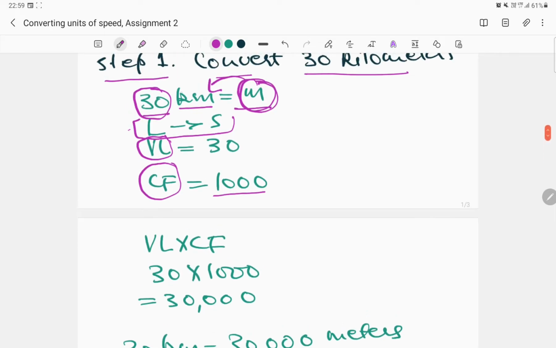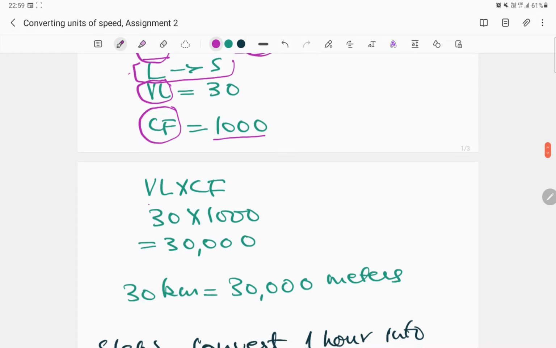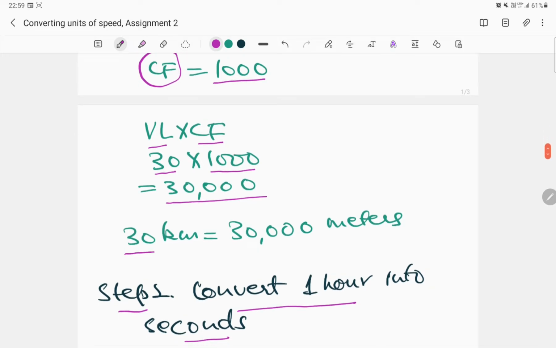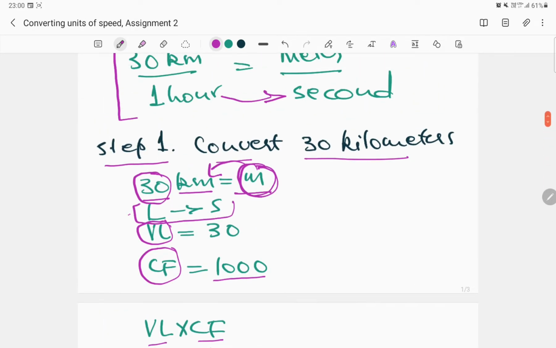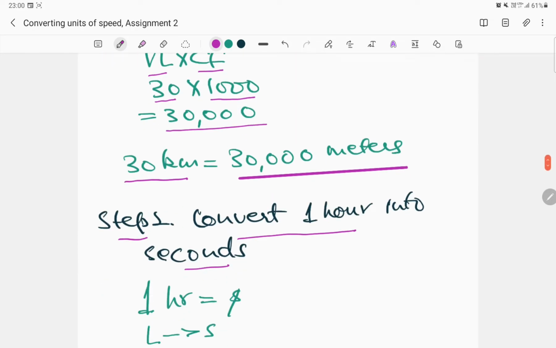The formula to convert a large unit into a small unit is VL times CF, which is value of the large unit times conversion factor. So the value of the large unit is 30 kilometers and the conversion factor is 1000, and the answer we get is 30,000. So we know now that 30 kilometers is 30,000 meters, right? We have converted 30 kilometers into meters.